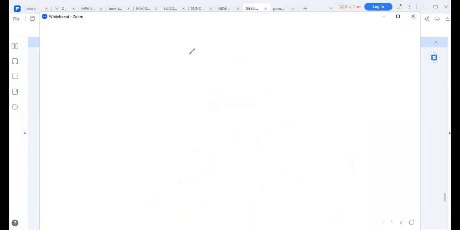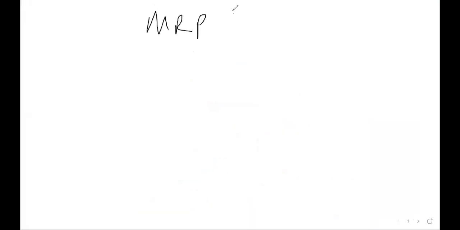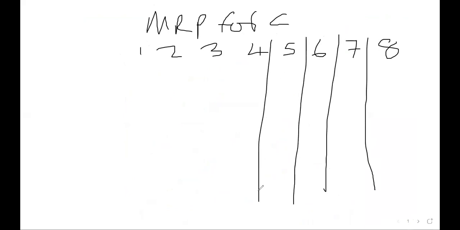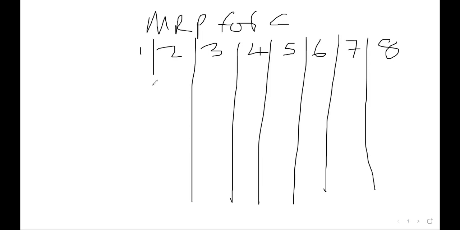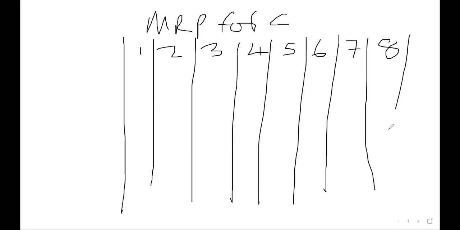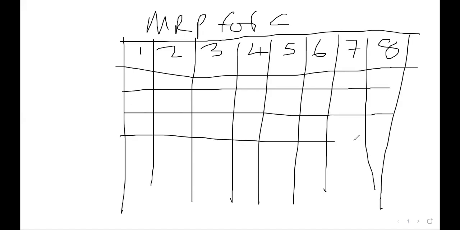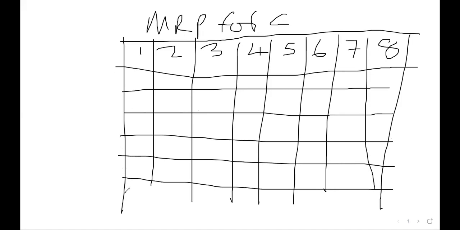So from here, we are going to have MRP for C. So MRP for C is coming from 2 different sources, so we have the 6 rows here for the 6 components.